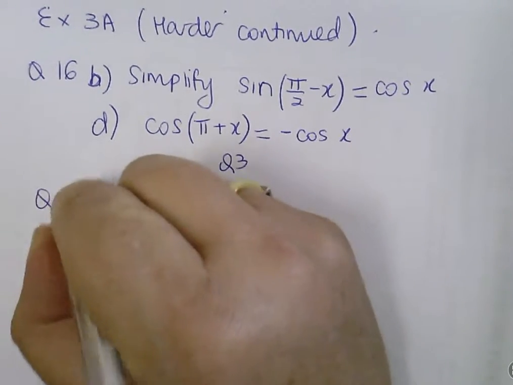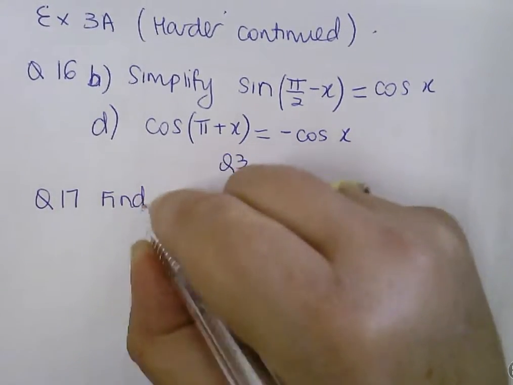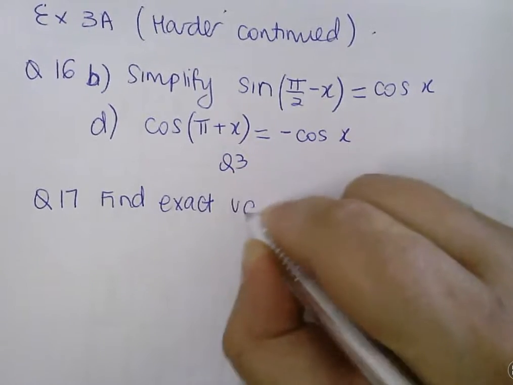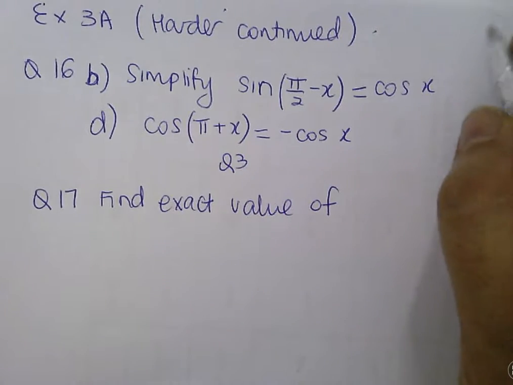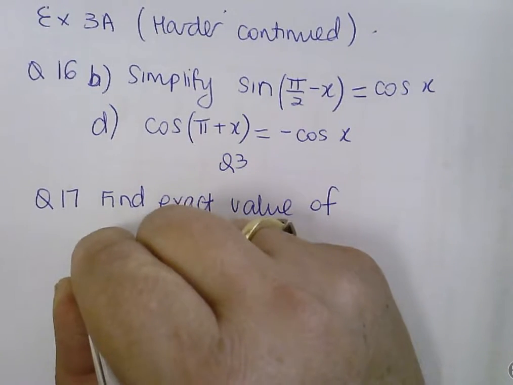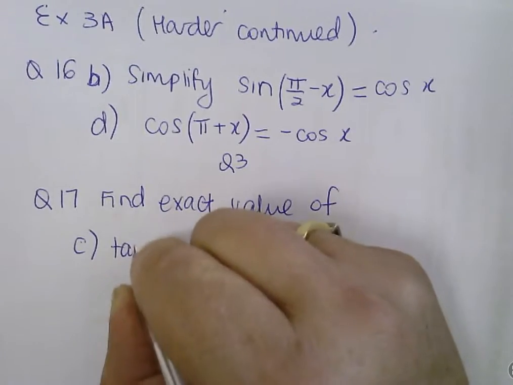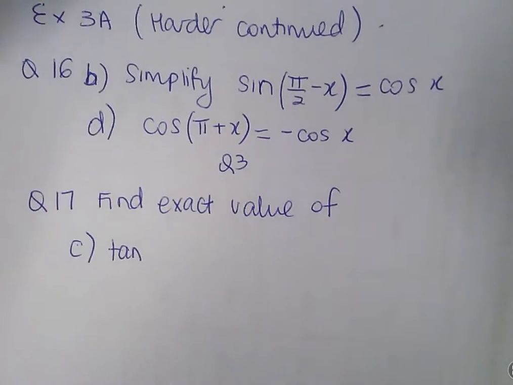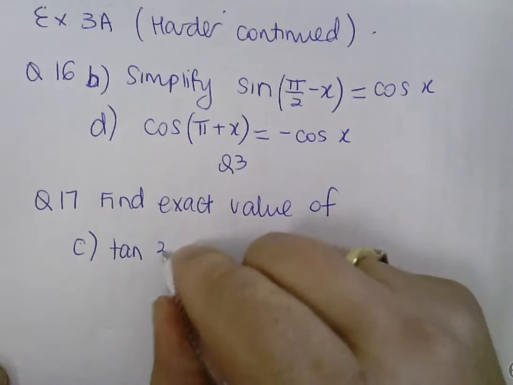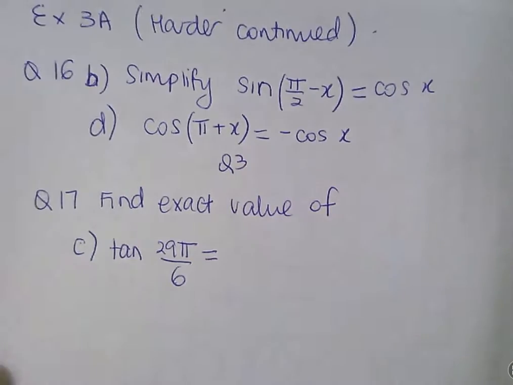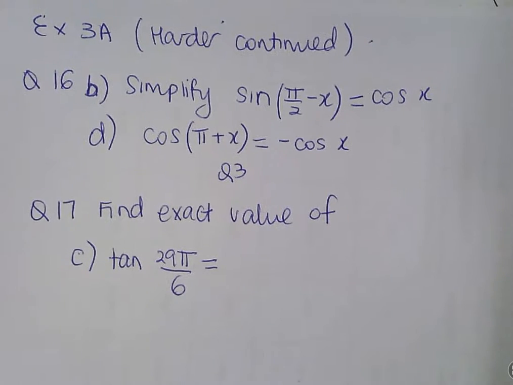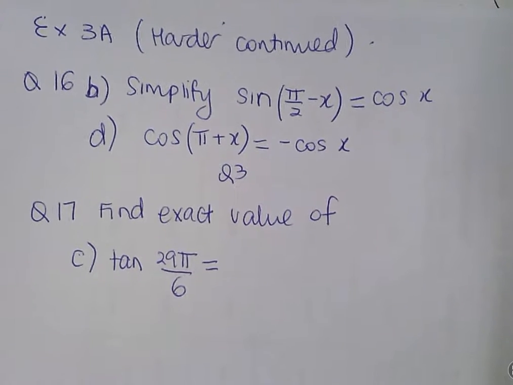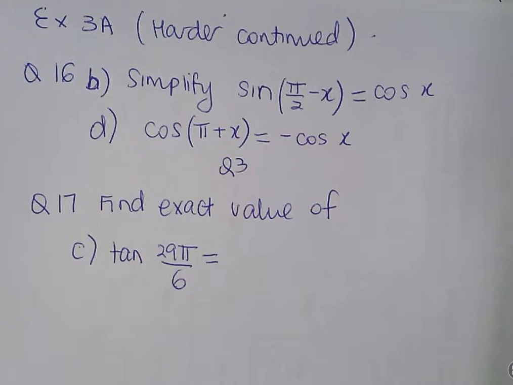Okay, question 17. Find the exact value of, I'll go to question C, tan, I think it says 29 pi on 6. Find the exact value of tan 29 pi on 6. This is tan of almost 5 pi, because 30 on 6 is 5.